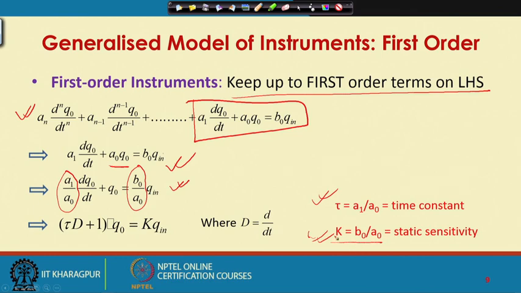In first order instruments we have two parameters: one is a_1 by a_0, which is the time constant, commonly represented as tau, and it has a unit of time. Another parameter is b_0 by a_0, which is known as static sensitivity and has a unit of output by unit of input.